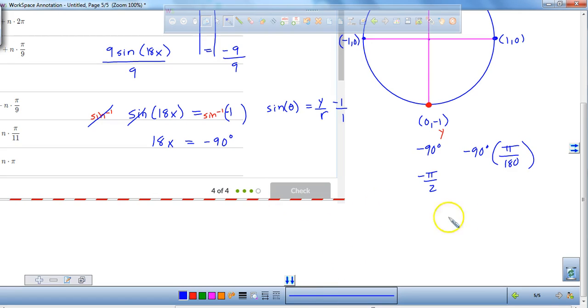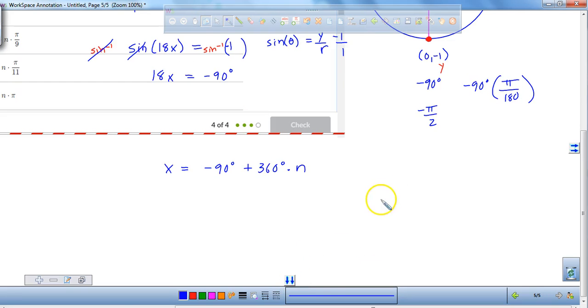So if we were going to do the answer in degrees, we would say x equals negative 90 degrees plus 360 degrees times the value of n.